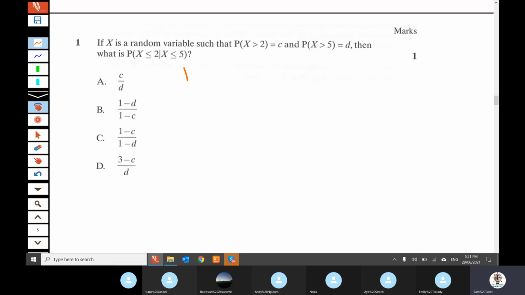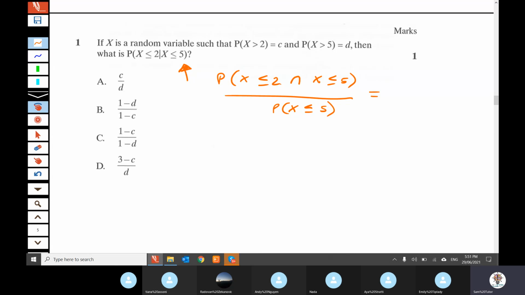Okay, let's do this bit first. How did we do that? We said that's the probability of x less than or equal to 2 and x less than or equal to 5, on the probability of x less than or equal to 5.